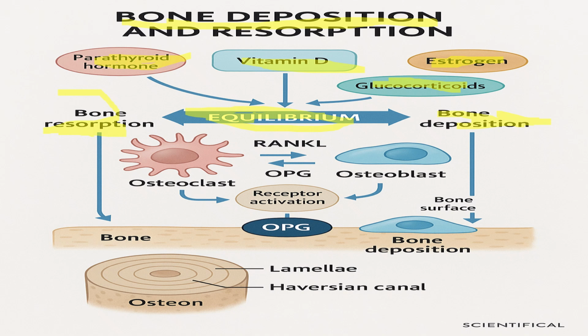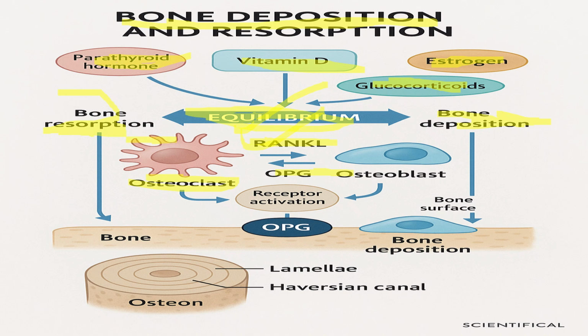So osteoblasts, the bone forming cells, produce RANK ligand, and this stimulates osteoclast production. Osteoprotegerin binds with the RANK ligand, preventing it from activating osteoclasts. Osteoclasts are the bone resorption cells. They are activated via RANK ligand and RANK interaction.